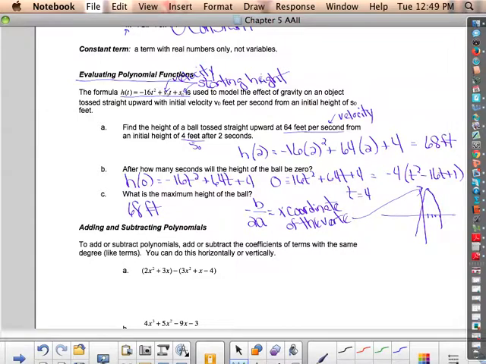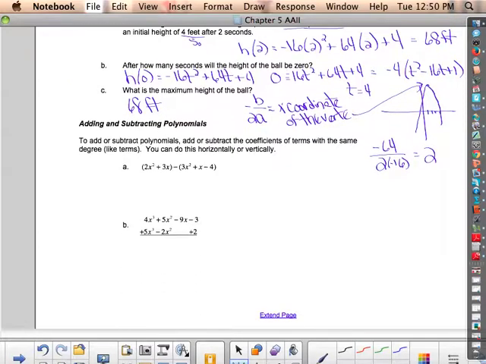Okay, so I'm going to put in minus b, so minus 64 over 2 times minus 16, which is a, which gives me my x-coordinate of 2. When I substitute the 2 in, I get that 68 feet. And we'll do several of those over the course of this chapter.